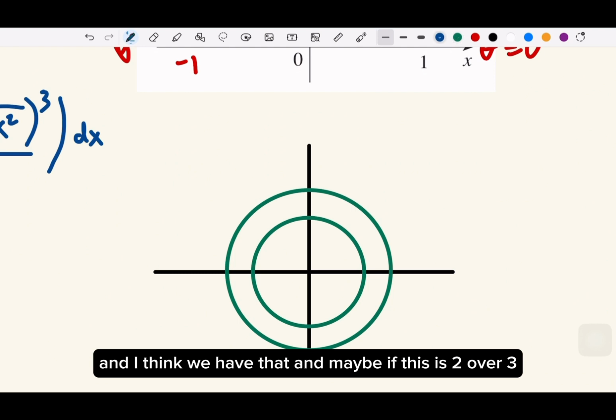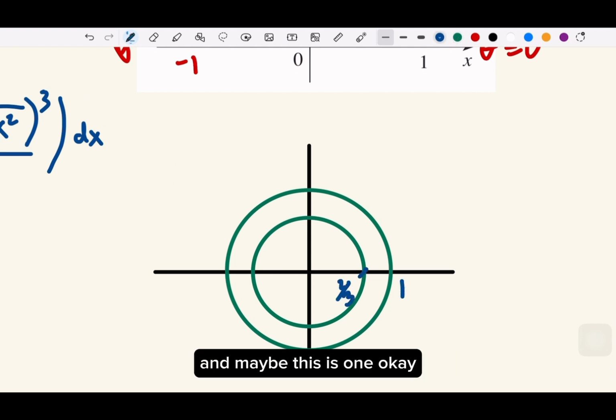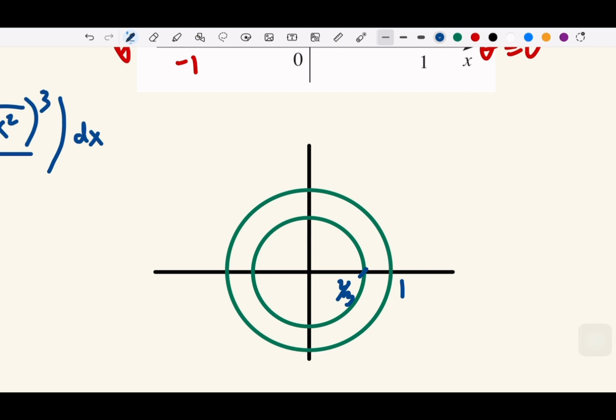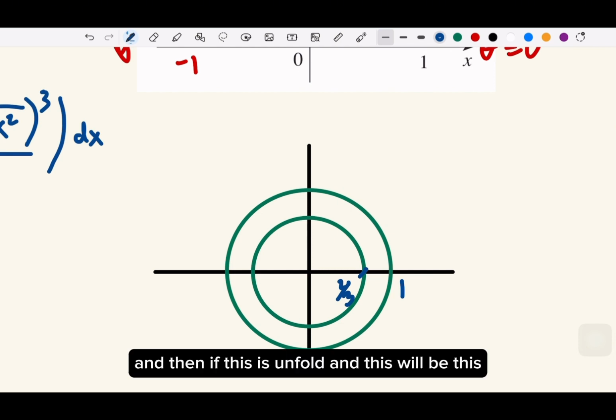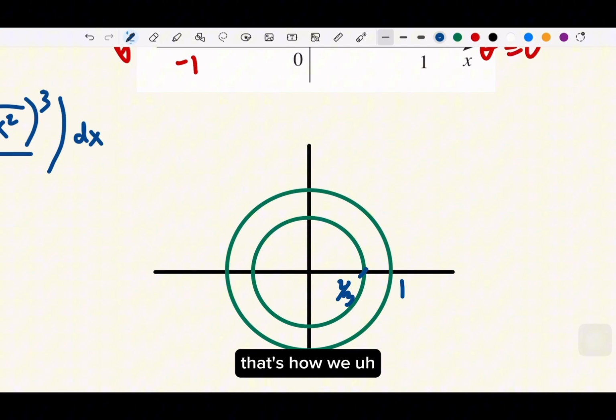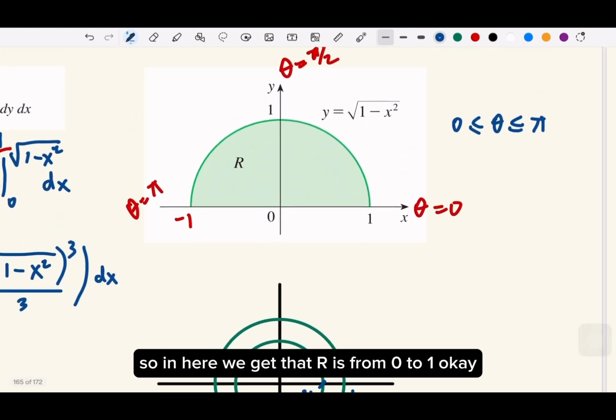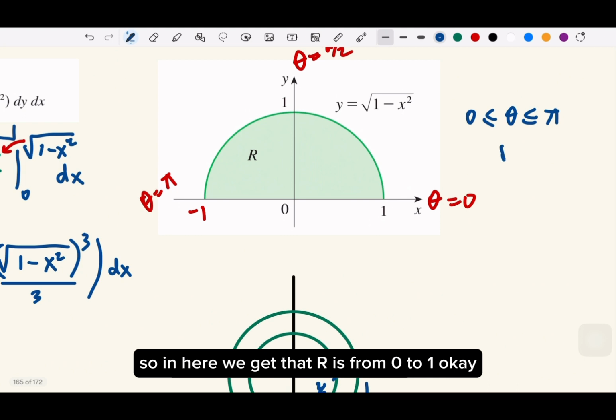And maybe if this is 2 over 3, and maybe this is 1, okay? And then if this is a hole, then this will be the solid area. Then the r is from 2 over 3 to 1. Okay? So you can imagine that this will be the area, and this will be another area. That's how we define the r and theta. So in here, we get that r is from 0 to 1.